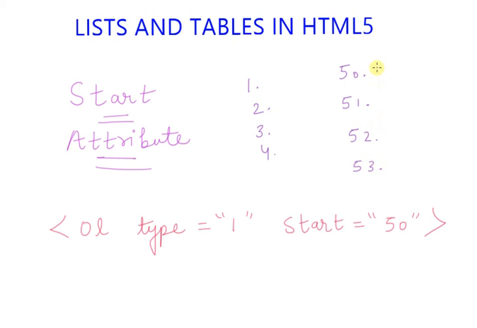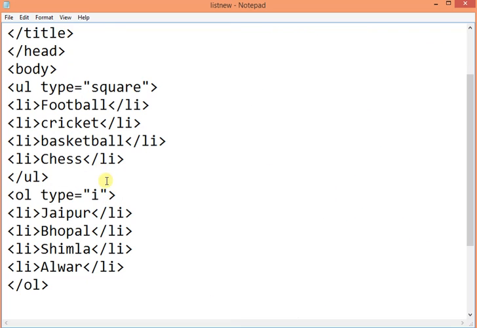So this can be done with the start attribute. We have to write the start attribute and give the value of the starting point. So in this list we can do it by using the attribute start.